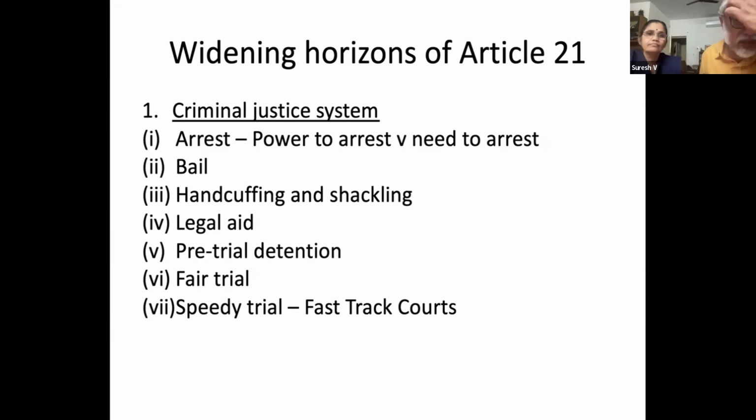Eventually, the law changed subsequently, keeping in mind these things, and said that every time you are arrested, written intimation should be given, relatives should be told, etc. Again, that's a wider issue. But the expansion of Article 21 has given us these extremely important rights vis-a-vis the police, in your everyday criminal justice system.